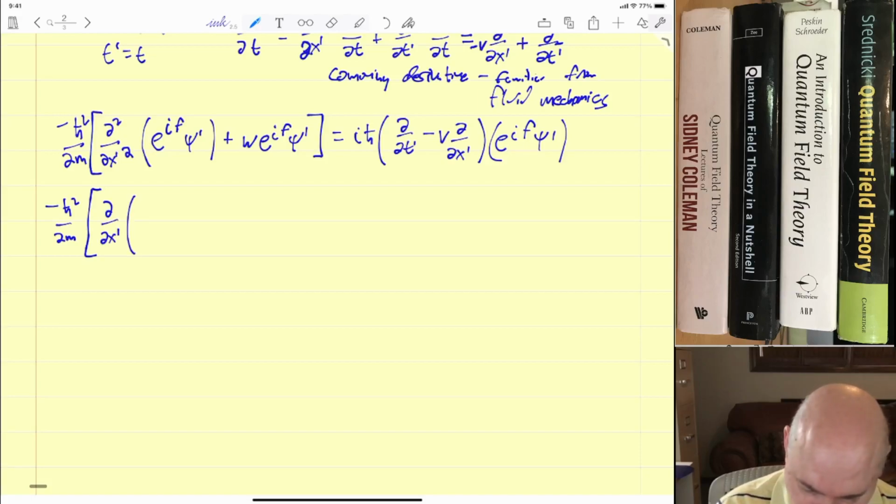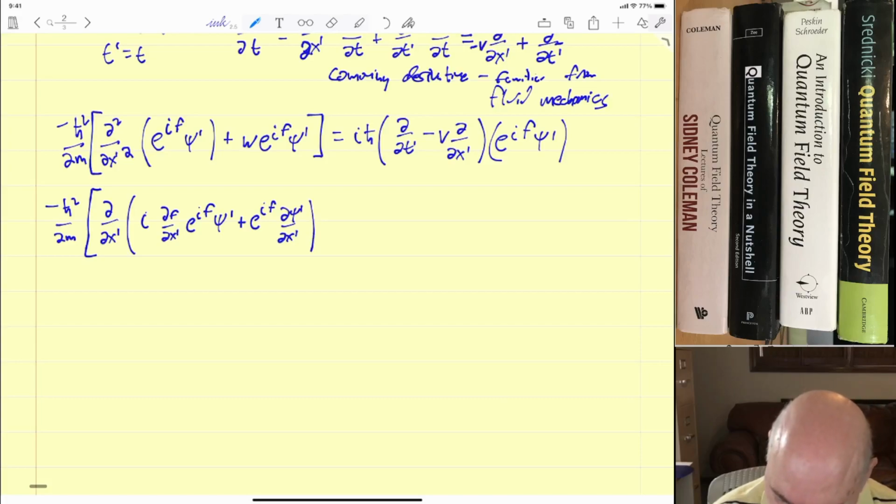The first term I have is, I'm going to apply it to here. So I'm going to have i, the partial of f with respect to x prime, e to the i f psi prime. It's our first term. Plus e to the i f, the partial of psi prime with respect to x prime. Okay, that's good. And then, I rewrote.